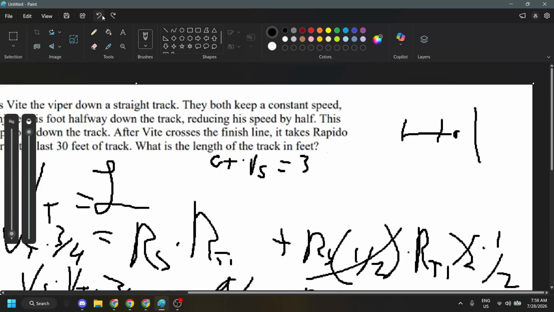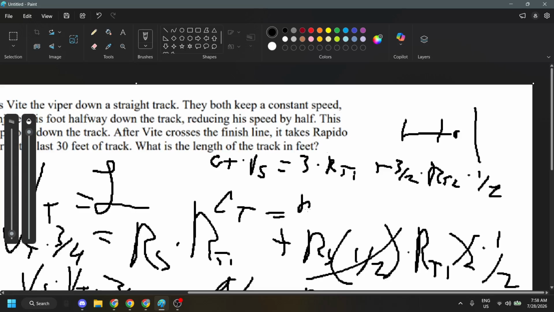Well, no, let's not simplify it all the way. It's going to be 3 times RT1 plus 3 halves times RT2 times 1 half. So we have half of RT2 and 1 RT1 is equal to the crossing time. So crossing time is equal to RT1 plus 1 half RT2.